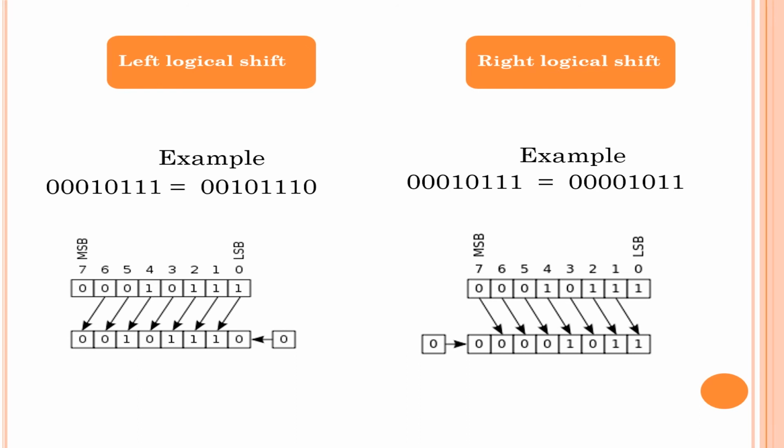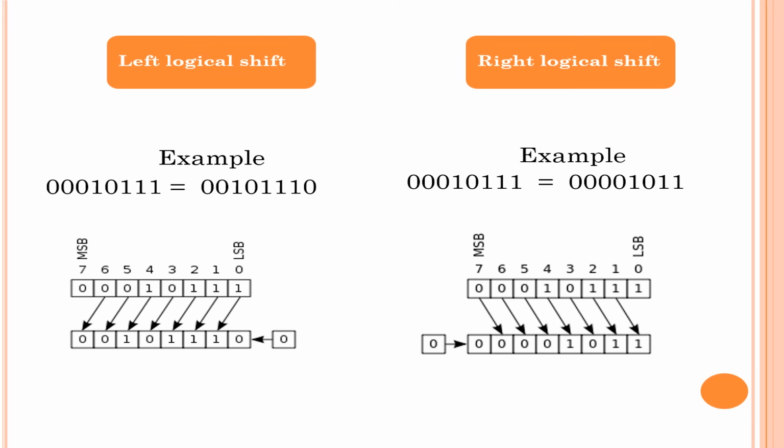Right logical shift. Take the example 00010111 is equal to 00001011. In this, the LSB becomes the MSB and the remaining bits shift towards the right side one by one.